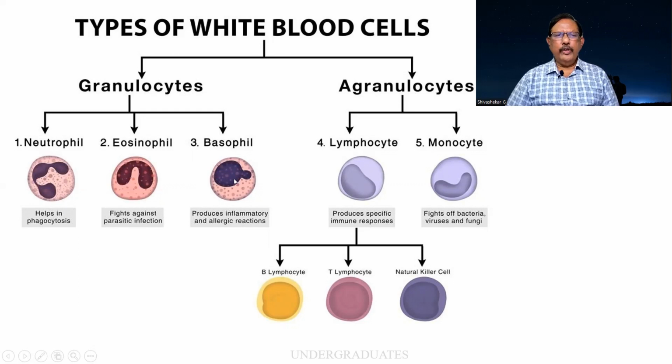They say it obscures the nucleus. I am making use of it because I did not want to waste this picture. But we are more concentrated on the right side of the picture, namely the lymphocytes and the monocytes. So lymphocytes themselves are divided into the B lymphocytes, T lymphocytes, and the NK cells, natural killer cells.